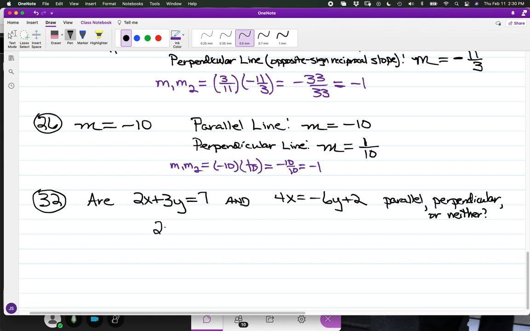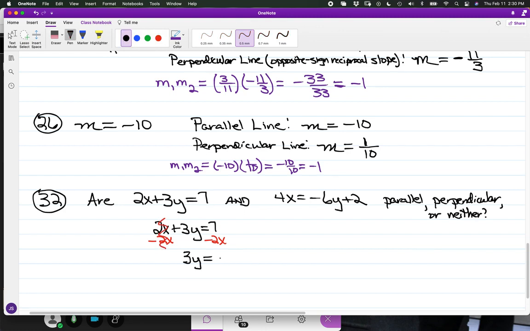Okay, so first of all, we have 2x plus 3y is equal to 7. To determine the slope, I'm going to put this in slope-intercept form by isolating the y term.